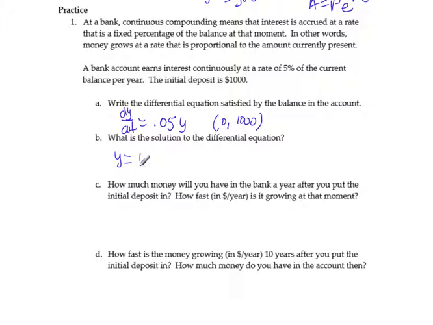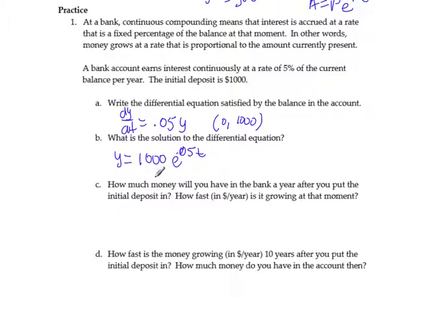In other words, initial amount, 1,000, e to the kt, and the k we take from above. k is going to be 0.05, so 0.05t, right? So right away, the fact that we solved the generic dy/dt equals ky up there, now we can jump right away to the solution and say that my solution is going to look like PERT, okay?